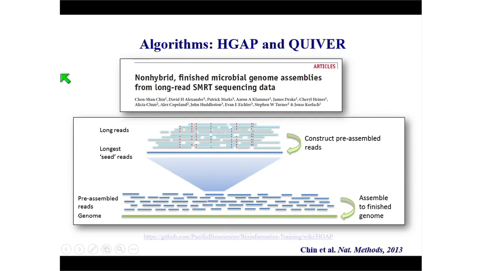So we've done this many times now, and we actually can see that the accuracy, once you get past 70x, gets up to what we call a QV value of 30 to 40. So that means an error once every 10,000 or less in the sequence. But the key here is you've got to get coverage. And so this makes the technology expensive, because you can't be satisfied with 30, 40x. You've got to get to 50, 70x sequence coverage.